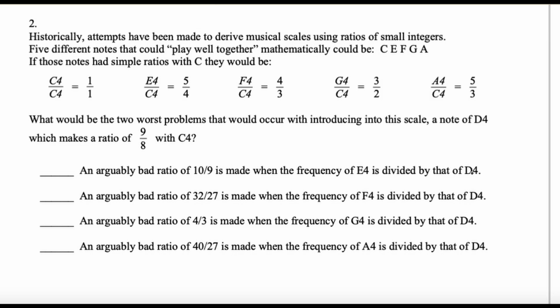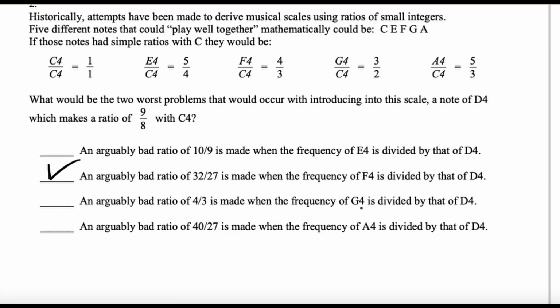So if we divide E4 by D4, it makes a ratio of 10 over 9. That's actually not that bad. So I wouldn't put that one as a problem. But this one, F4 divided by D4, that was a problem. Dividing G4 by D4 is not a problem. It comes out to 4/3. People like that ratio.